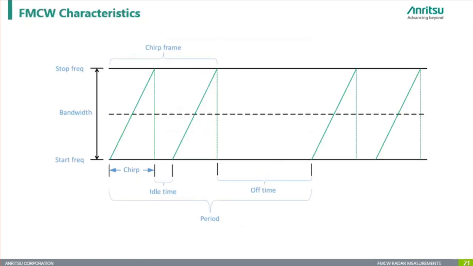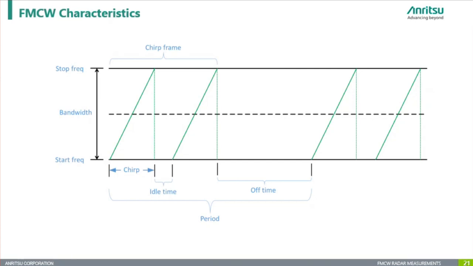As we expand the concept of chirp signals, it's important to understand that they are often transmitted in repeating sequences. Each individual chirp has a defined chirp time, and a sequence of multiple chirps forms a chirp frame. Depending on the application, a frame may contain anywhere from 32 to 256 chirps or more. Between each chirp, there is a brief idle time, and the chirps within a frame can vary in characteristics.